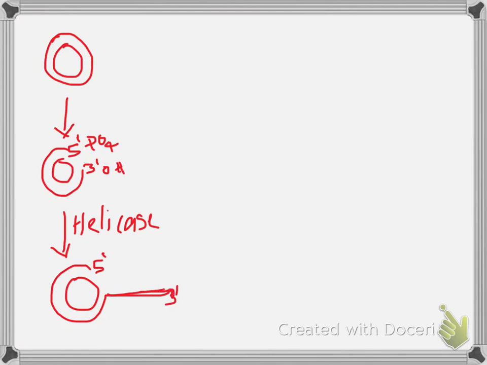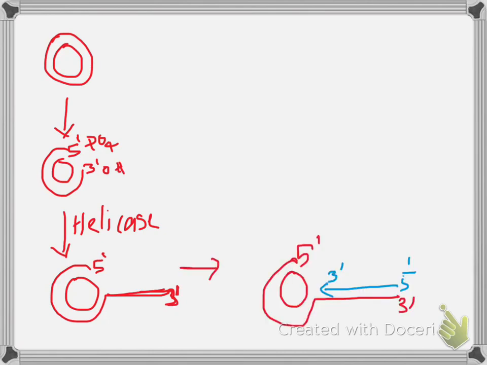So we get a 3' end like this. At this 3' end, the polymerization occurs in the direction 5' to 3', catalyzed by the enzyme polymerase.